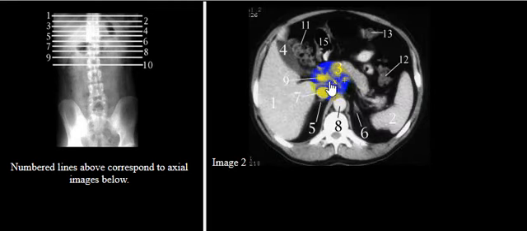As we see, the common hepatic artery, this is a branch of the celiac trunk, and it supplies the liver, the stomach and the duodenum, and gives rise to the gastroduodenal artery.